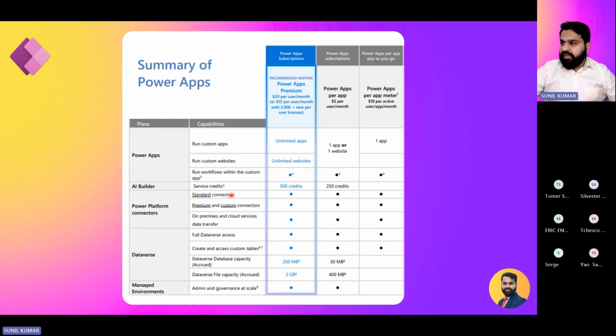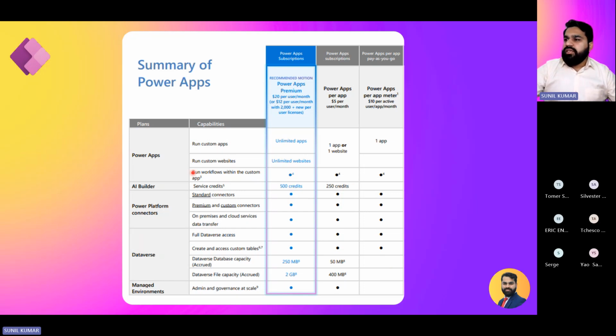Okay. Standard connectors are available. Users can access that. Premium connectors are available. Custom connectors also. Then on-premise data gateways as well. Full Dataverse access will be given to users. Create and access custom tables also. They will be able to do that. No Dataverse database as well as file storage capacities will be provided to the users in this case.